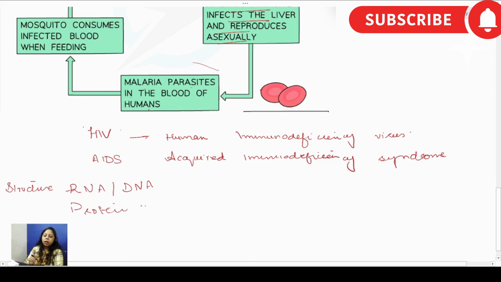So when HIV attacks the white blood cell, it leaves the coat outside, and only the DNA or RNA part enters the white blood cell.